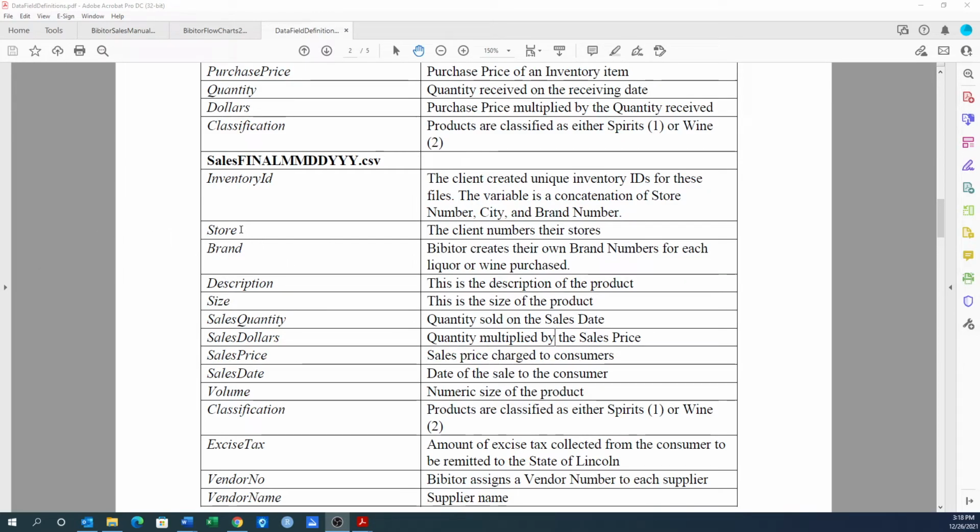We have store, which is how the client numbers their stores, however they number them, and we've got sales quantity and sales dollars. We could look at either or both of these two variables. So we've defined what the question was, and now we've gone through the process of figuring out what we need and seeing if we have those particular variables.